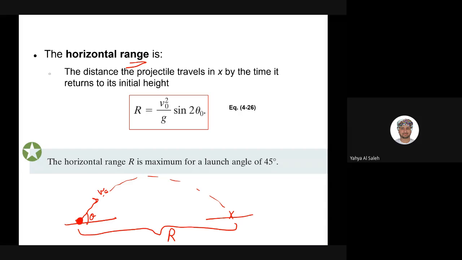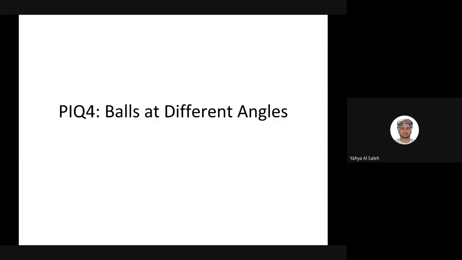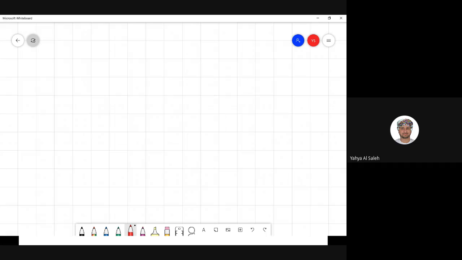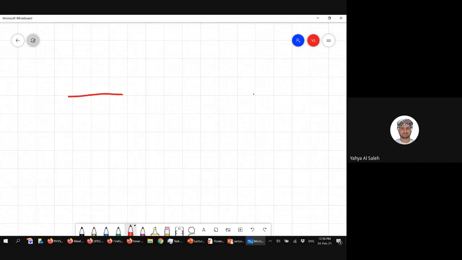Now here's a key point, and many students make this mistake. There is a very basic rule with this equation, and it only works in specific cases. Namely, you need to start and finish at the same level.